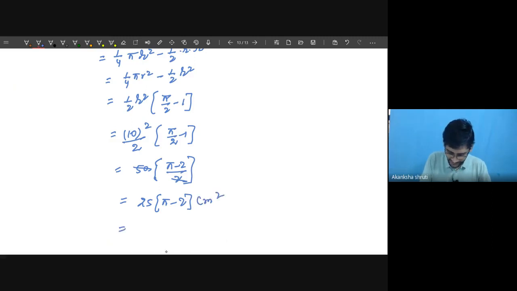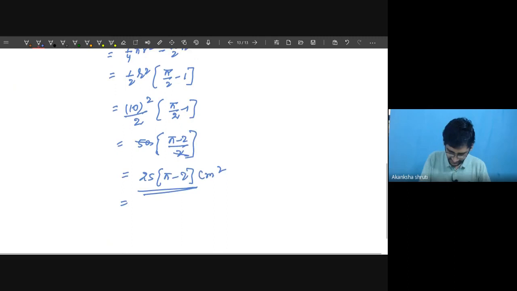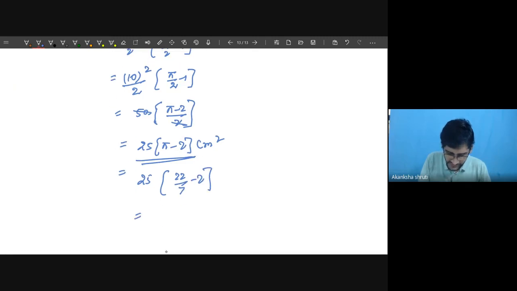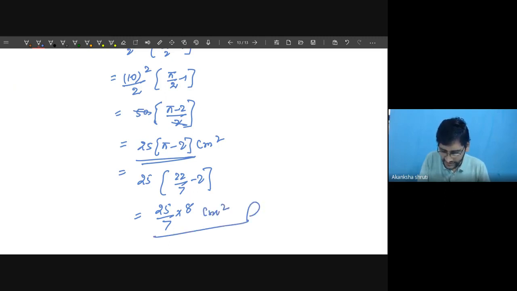In many books it is given in this form, or you may substitute the value also. So it is 22 by 7 minus 2. So you can take it this way also, 25 by 7 into 22 minus 14, 22 minus 14 becomes 8. This way, just solve it. That will be the answer.